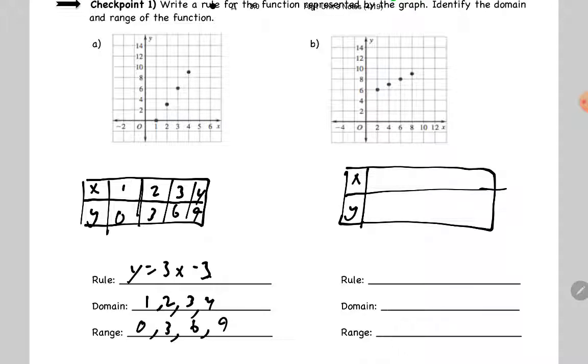So our domain here, we have 2, 4, 6, 8. And then our range, our y values are 6, 7, 8, 9. So the y values are going up by 1.